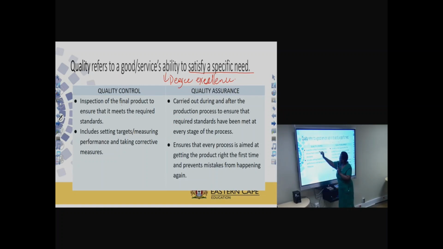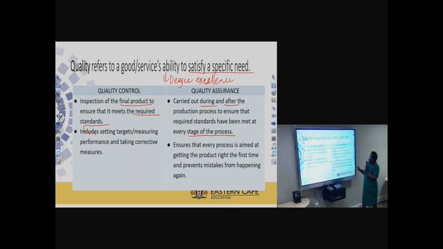With quality control, the final product you inspect, you are doing the checking. Finally, the product is ready. Then you ensure that it meets the required standards. The required standards are those that are from your customers, because you did your market survey to check what it is that is needed by your customers. Then with the quality assurance, you check each and every step, each and every stage of the process, whether you are meeting the standardization.